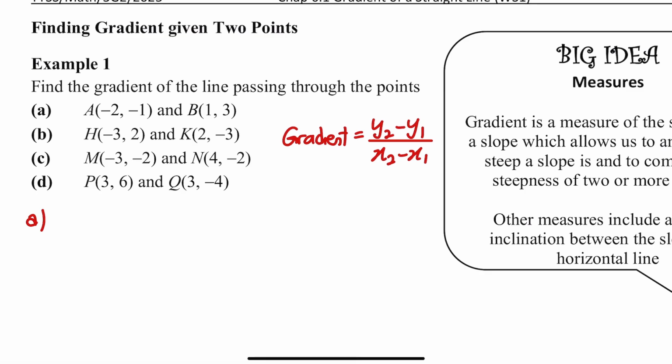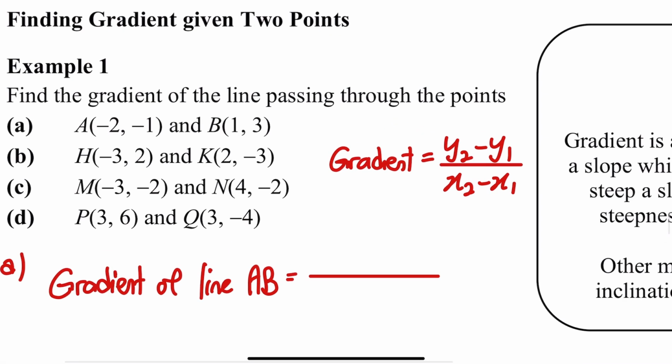To find the gradient of line AB, I take y2 minus y1. Let's say I mini label this: this is A, I can call this x1, y1. This point B here, I can call x2, y2. By the formula, y2 is 3 minus y1, which is 3 minus negative 1.